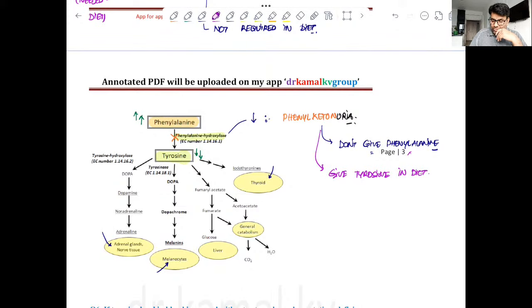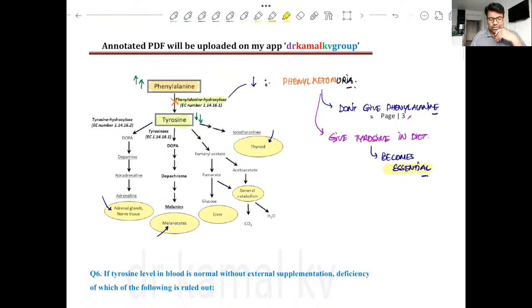So we have to give tyrosine in diet, and therefore it becomes essential because we are supplying it in diet. Clear? So the condition where tyrosine becomes essential is phenylketonuria. Otherwise, in a normal subject, there is no need of taking tyrosine in the diet because phenylalanine is sufficient to get converted into tyrosine. Clear? So this is just correlated facts.